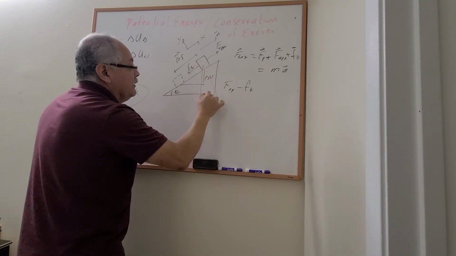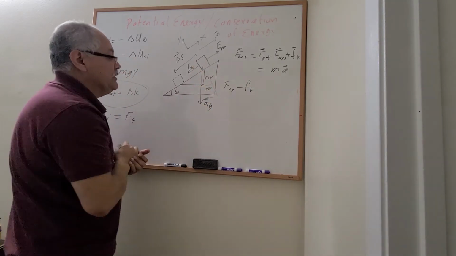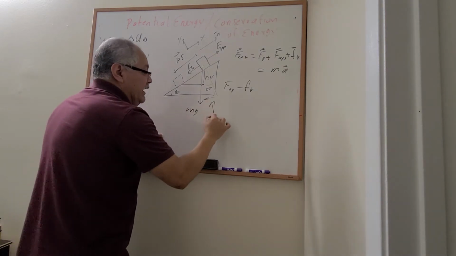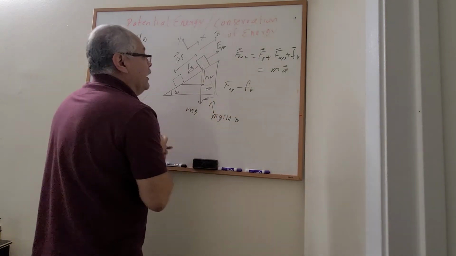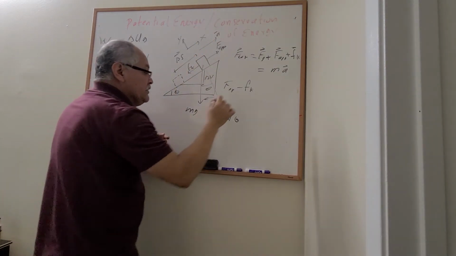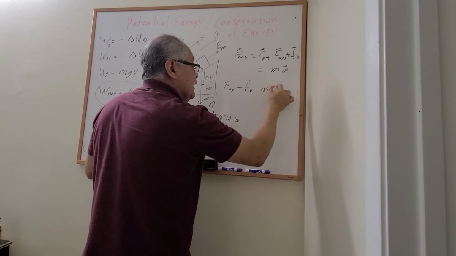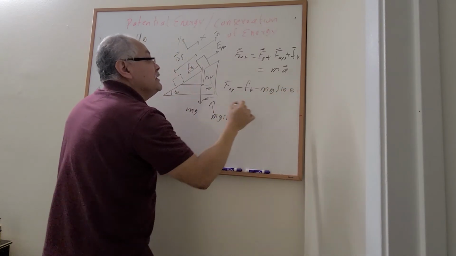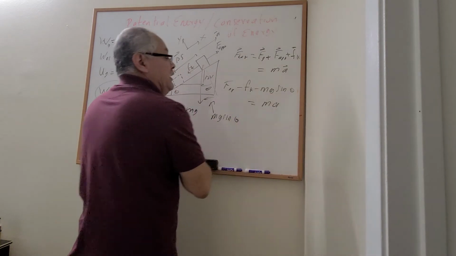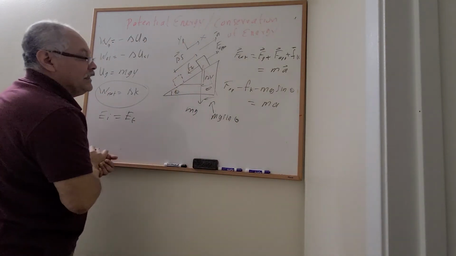You know this from the previous chapters. This is mg. What should be this component? mg sine theta. It's negative with respect to the direction of motion. So it's going to be negative mg sine theta, equal to mass times acceleration, positive in that way.